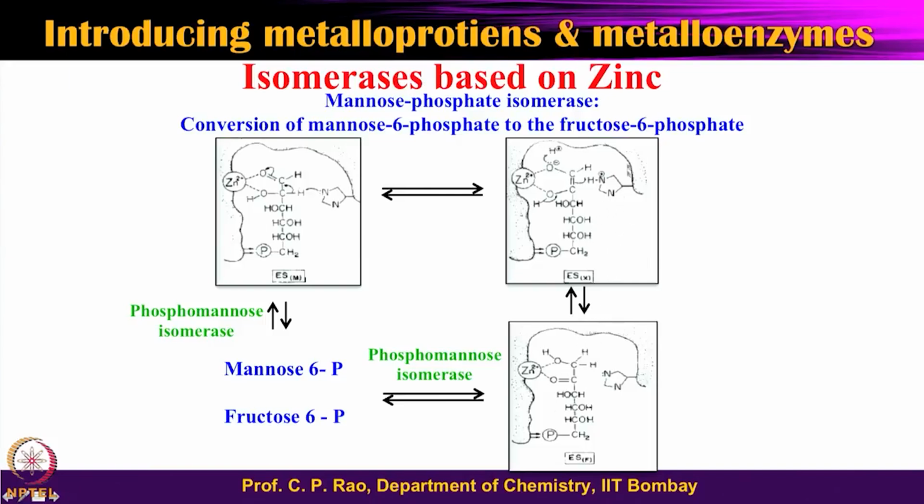The neighbor imidazole or histidine will trigger the reaction by protonation and deprotonation steps, and this will form an intermediate. Then this enzyme will work on this mannose 6 phosphate or fructose 6 phosphate depending upon which direction you are going, and finally you get back to this.